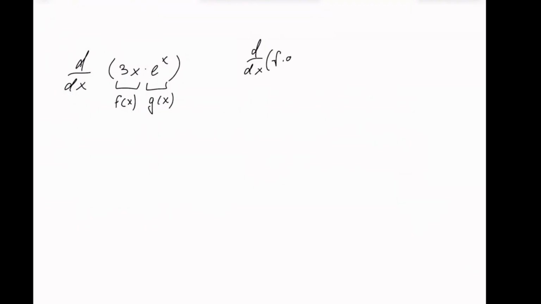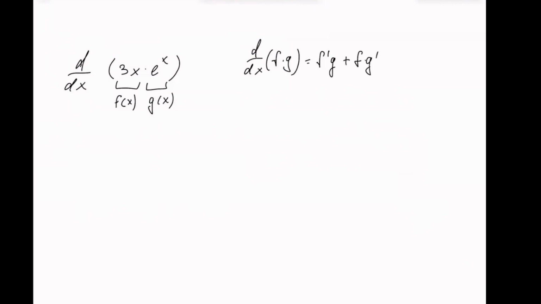Find the derivative of 3x times e to the x. Okay, so we will be treating 3x as our f of x and e to the x as our g of x. Remember that the rule is the derivative d dx of f times g is equal to f prime g plus f times g prime.